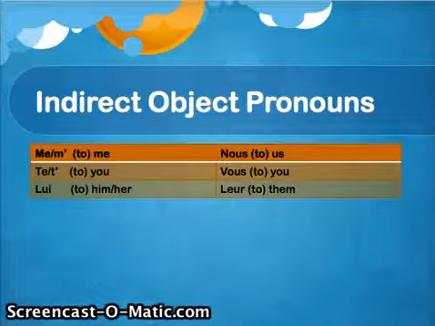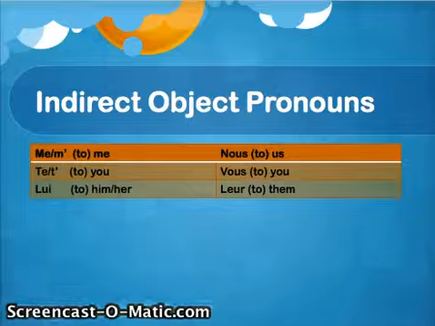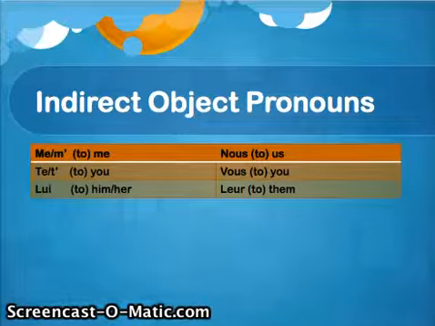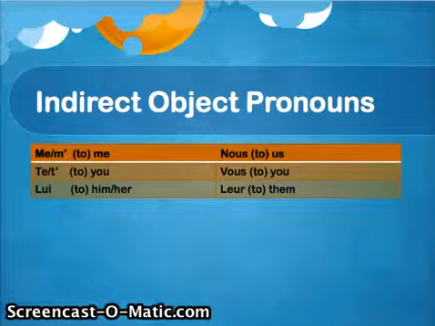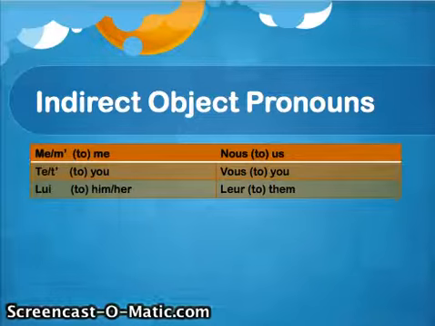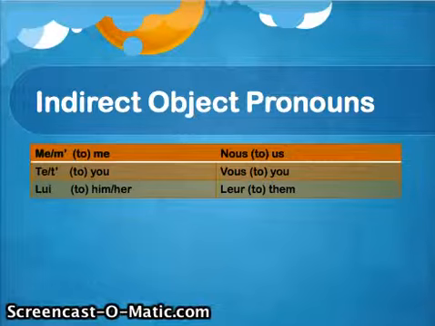Okay, so let's go with the first person, which is me or m apostrophe if the verb that follows starts with a vowel, me or m apostrophe, te or t apostrophe, lui either for a male or a female, nous for us, vous to you, leur to them.